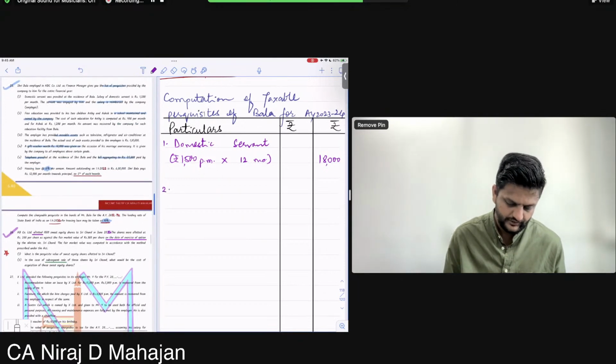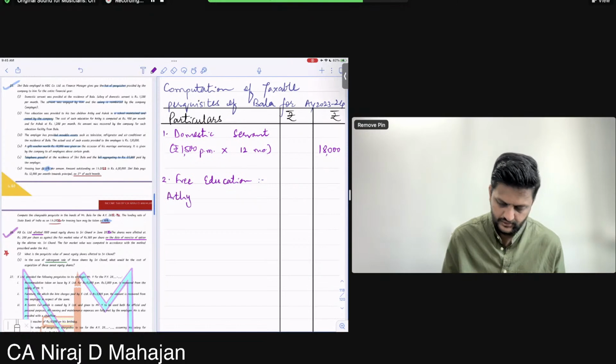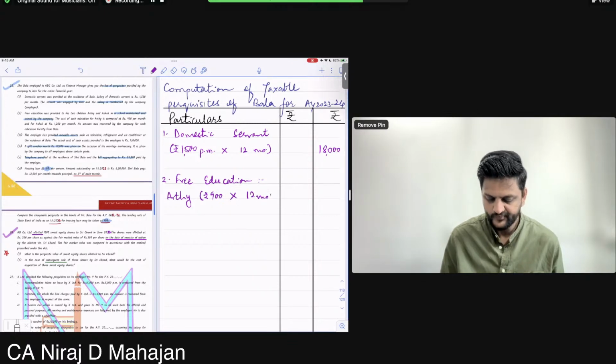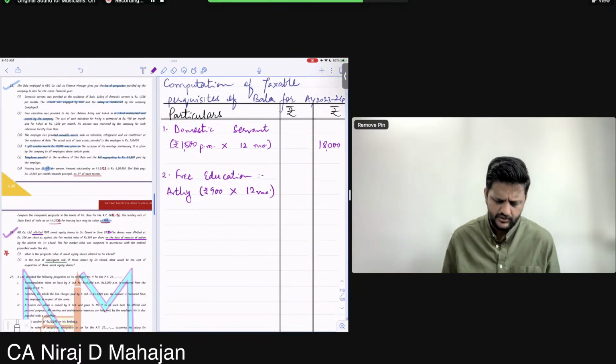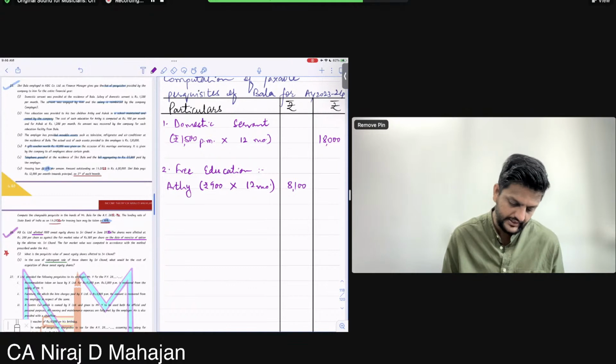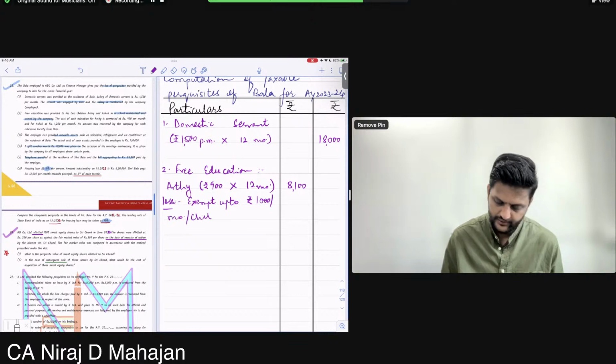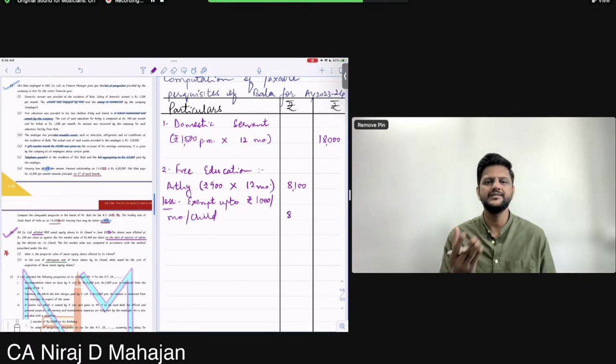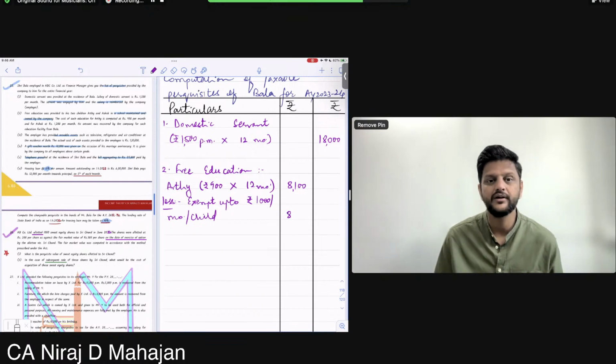Second, free education for Arti. It is rupees 900 into 12 months, 8,100, sorry. But less exempt, no? Up to rupees 1,000 per month per child. 12 times 1,000 is 12,000 - 10,800, no, bachcho?